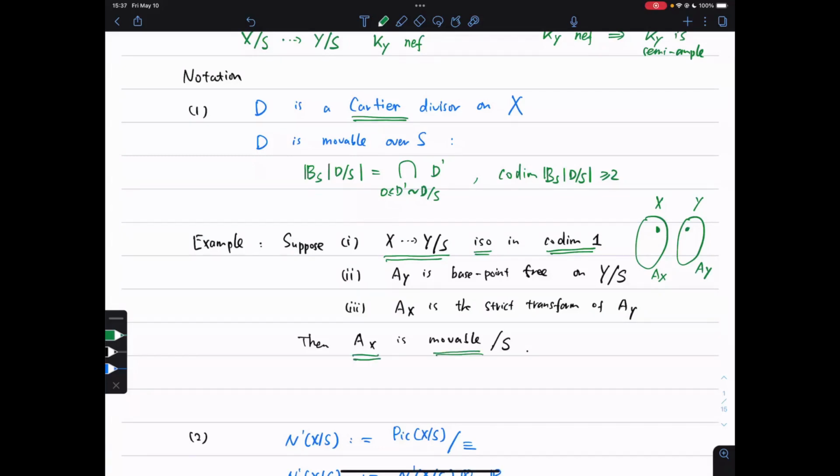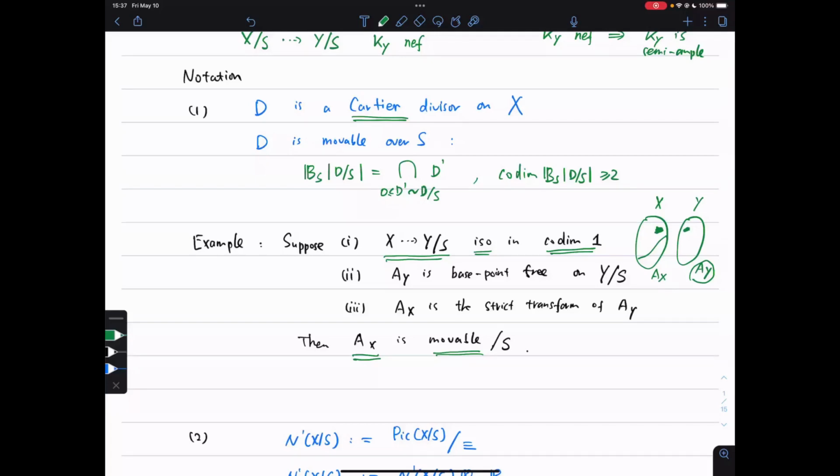The reason is very simple. Because A_Y is base point free, except for the part where the two varieties are not isomorphic, A_X is also base point free. But the place where they are not isomorphic has very large codimension.